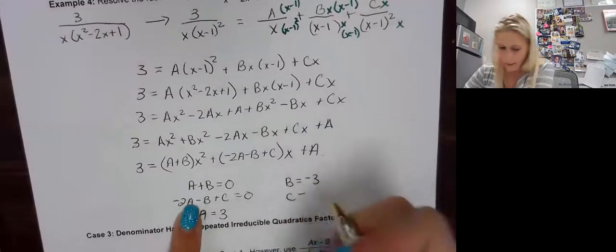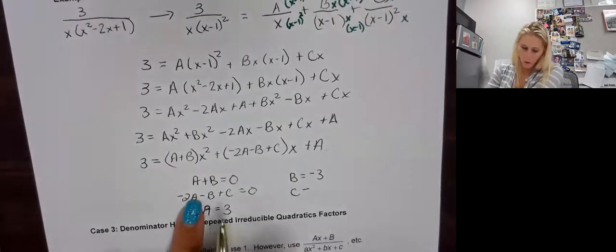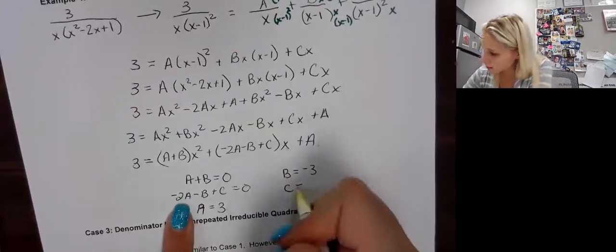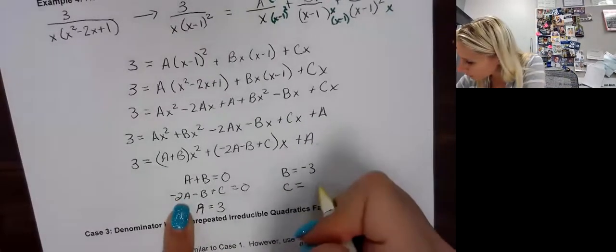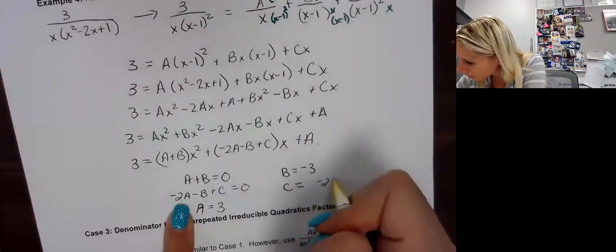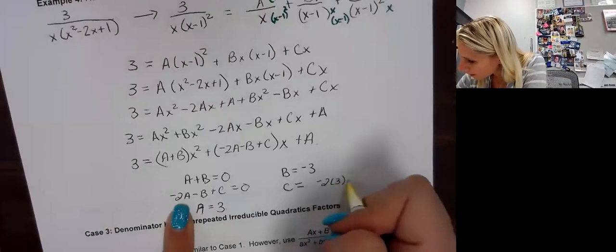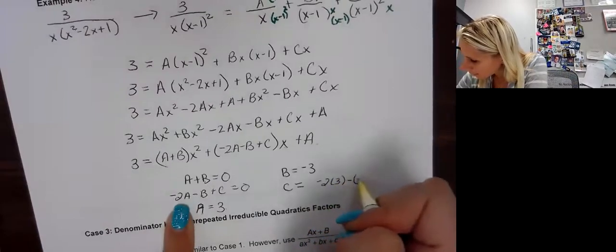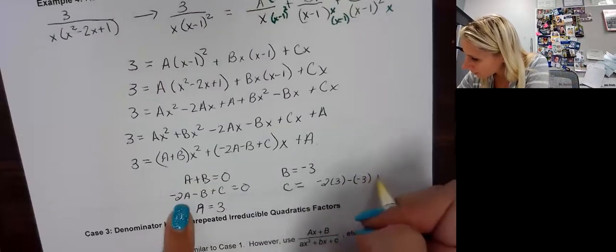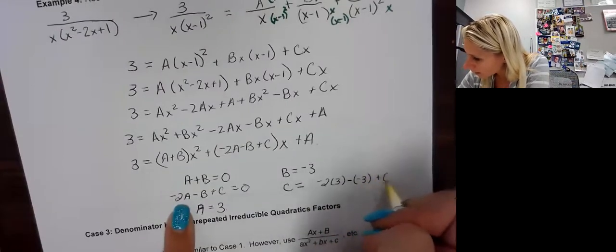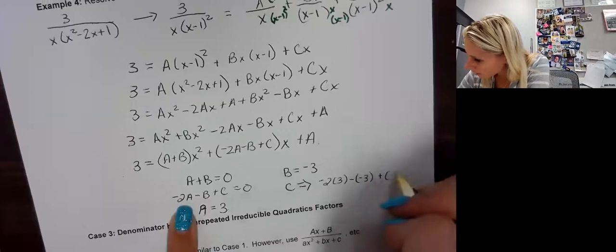And when we plug into the bottom here, let's just do this, right? So negative 2 times 3 minus negative 3 plus c equals 0.